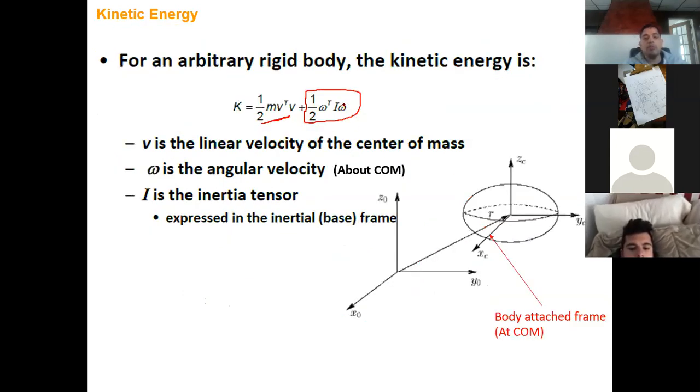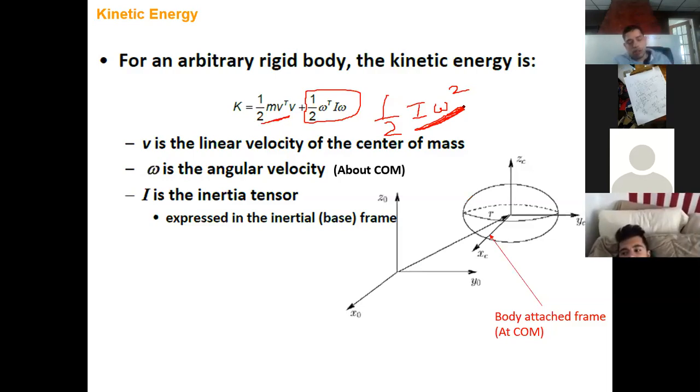But for the rotation term, instead of simply having 1/2 I omega squared, we have omega transpose I omega. Because that formula is for a particular object, a symmetric object, with x, y, z moments of inertia all equal to each other, a very nice symmetric object.